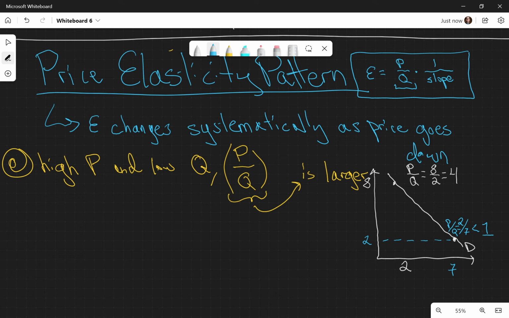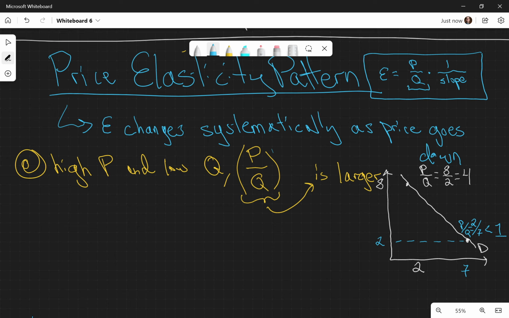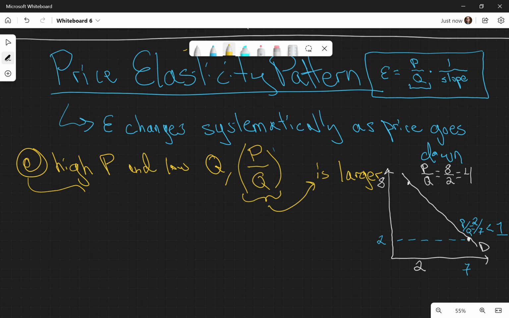So it's the fact that literally just as we get further to this northwest kind of quadrant where we're in higher prices and lower quantities, this first half, this first part of the elasticity formula is just going to be larger. And so as a result, at the high end of the demand curve, at the high price end of the demand curve, the demand is more elastic.